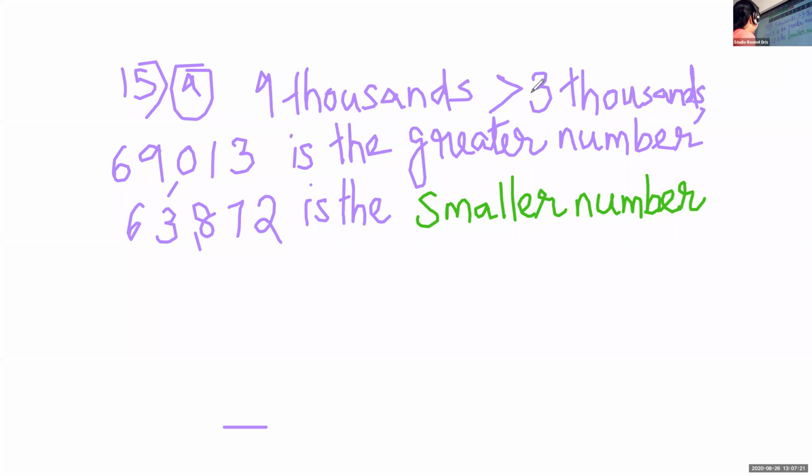Children, understood? We are finding question number A. Here we have to compare the thousands place and find out which is the smaller and greater number. Understood? Yes, children? Okay, Isra, can you read question number B? 16B. Yes, ma'am.